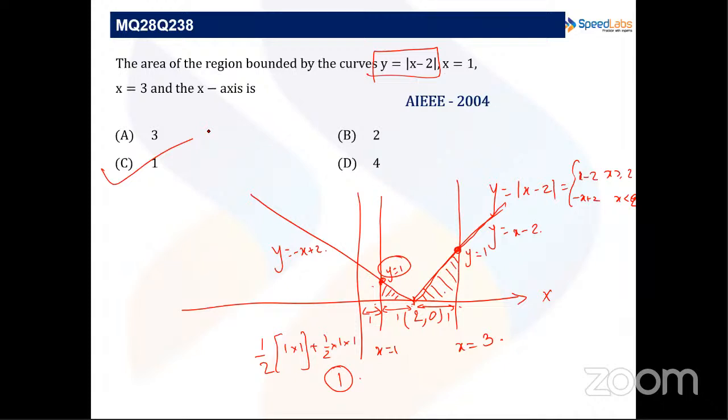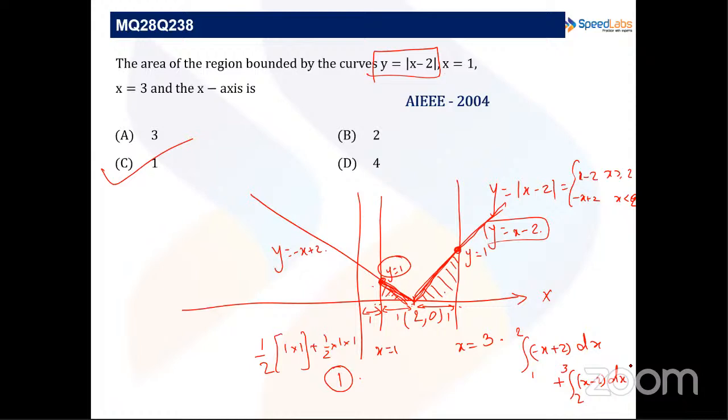If you have to do this question from integration perspective, then you have to use the integration from 1 to 2 and you are having this line, you have to integrate this value minus x plus 2 dx, and from 2 to 3 you are having this line, so from 2 to 3 the integration will be x minus 2 dx.